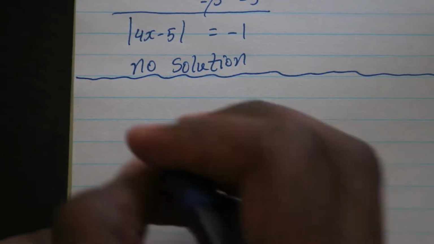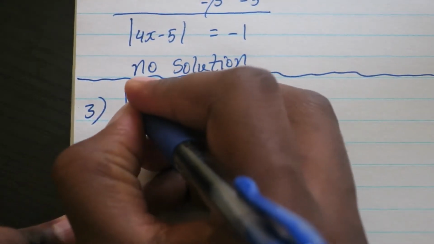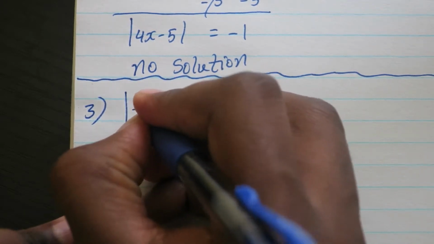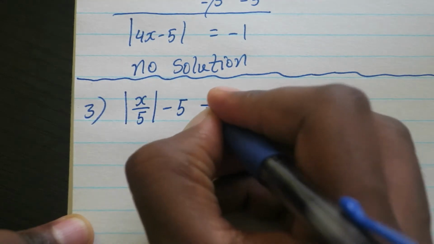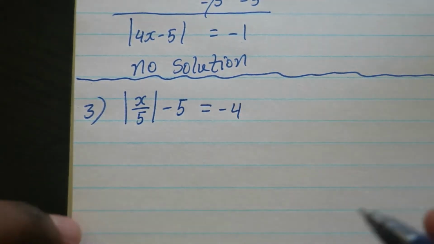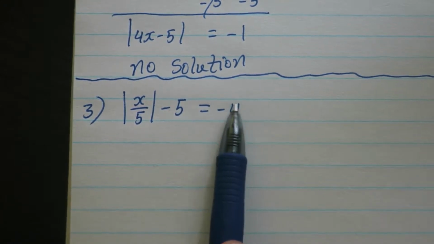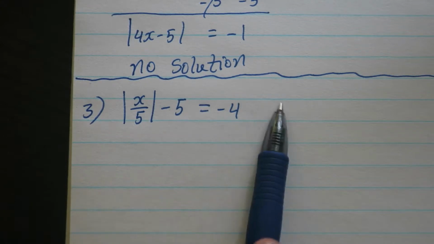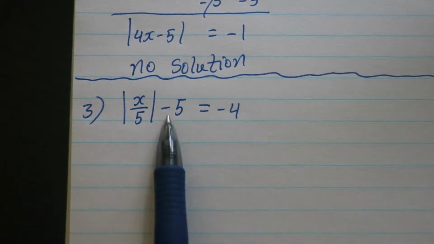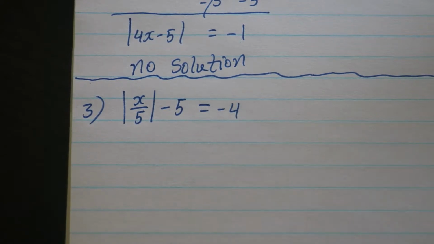And going down to example 3, if I have absolute value of x over 5 minus 5 equals negative 4. Now, I can't say this is a negative number right now because I have to isolate this first before I can say there is no solution. Let's isolate this and see if this still stays as a negative number.